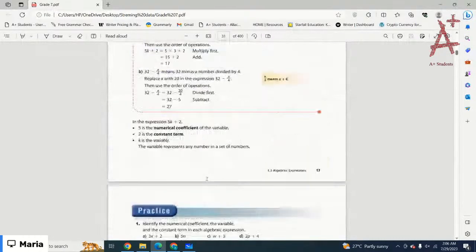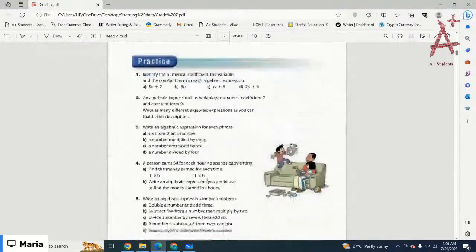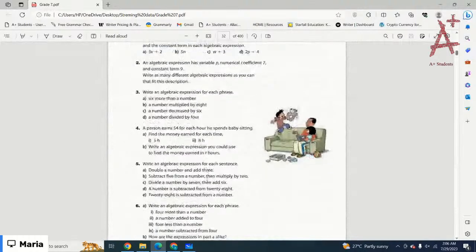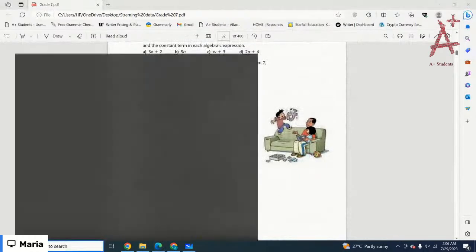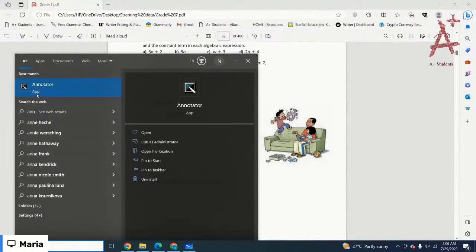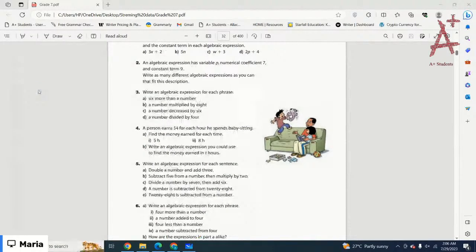Okay, the next one is write an algebraic expression for each phrase. 6 more than a number. So you have to write down the expression for all the algebraic expressions. Okay, 6 more than a number. You don't know what number it is. Got it? That means that would be a variable. 6 more means you have to add 6.